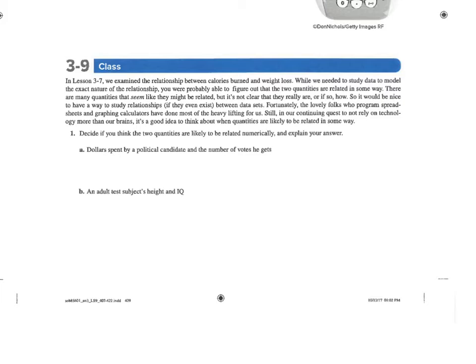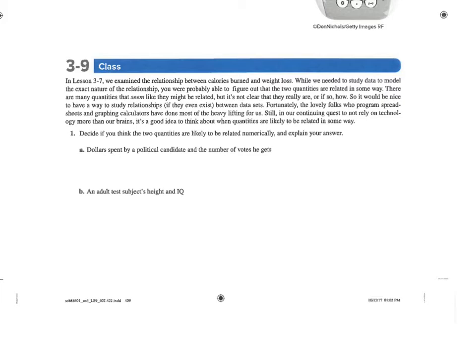I'm not sure we're finding that to be as true in this day and age, but generally money is related to how many votes a person gets. For example, if I try to run for office, I'm not, because I don't have a lot of money, I don't think I'd get a lot of votes. So we could say that probably they're numerically related.